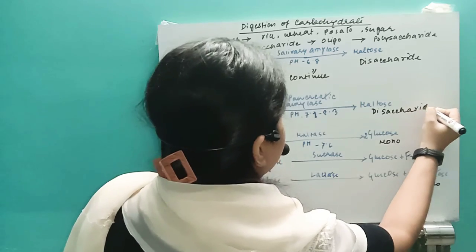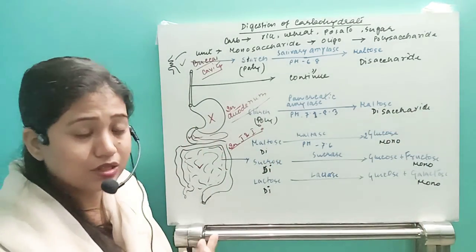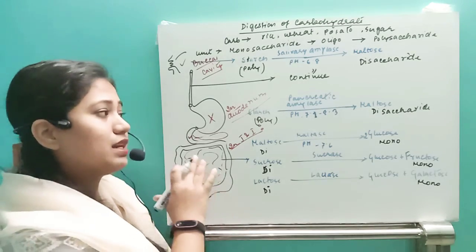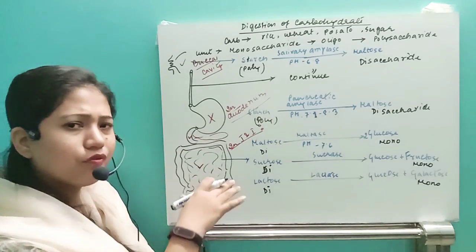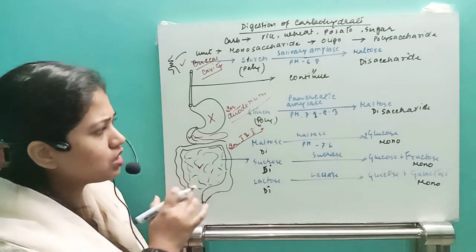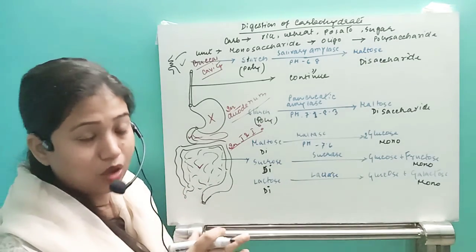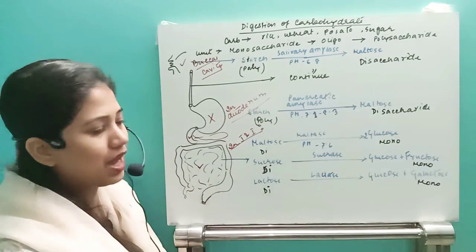So this maltose is a disaccharide that is digested by the pancreatic amylase in the region of the duodenum. The food that is present in the duodenum for a little while will have almost all the starch broken into maltose. Now the disaccharides are present, and they move to the region of the jejunum and ileum.